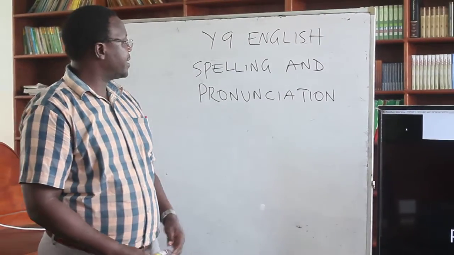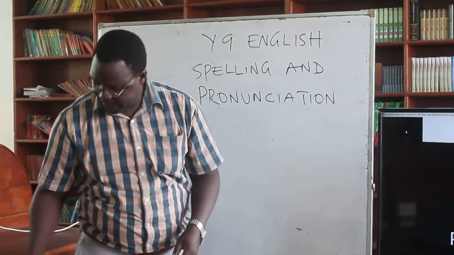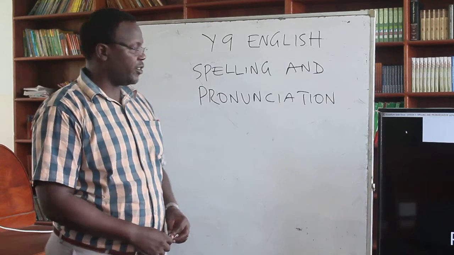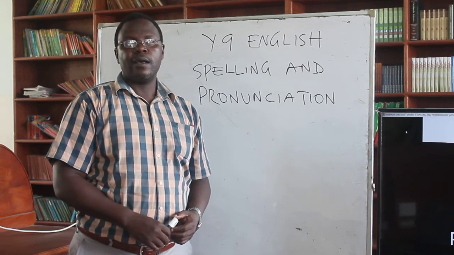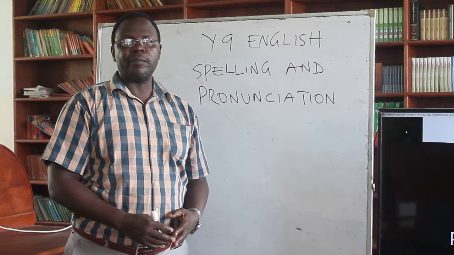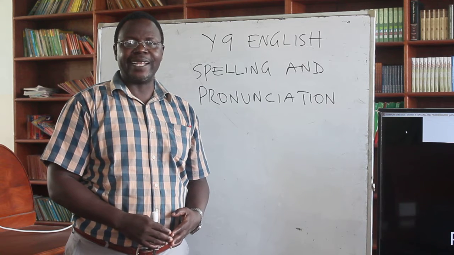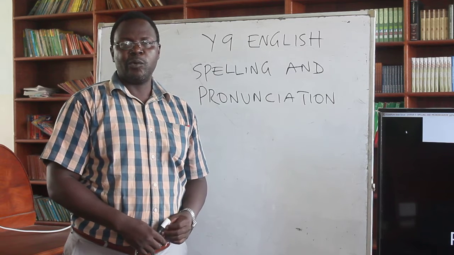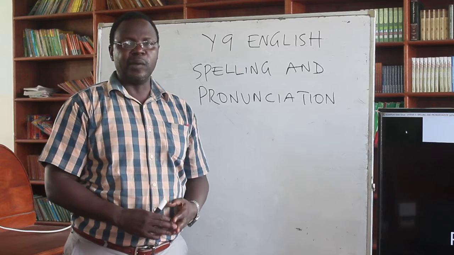Today we want to look at spelling and pronunciation. This is a very unique area because we are not going to deal with letters per se. We are going to deal with symbols.